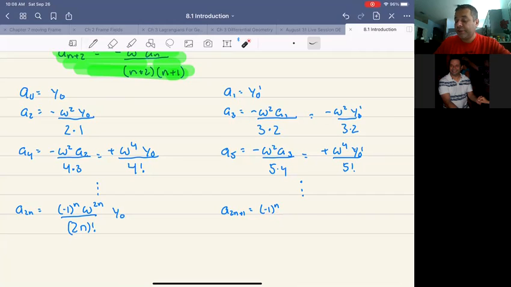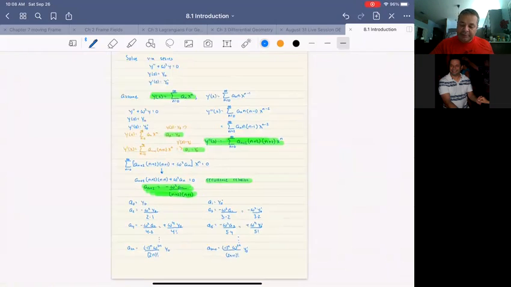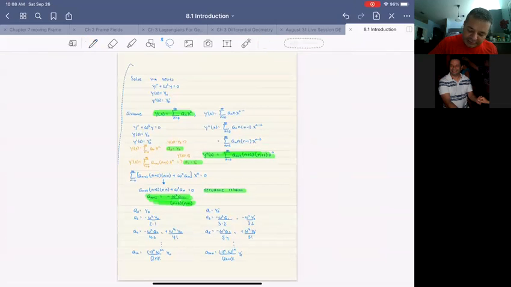It could have been n plus 1, but I just had to make sure that it checks out. This is n equals 2, plus, that'll check out. We get omega to the 2n divided by 2n plus 1 factorial y0 prime. Now let me move this up just a little.